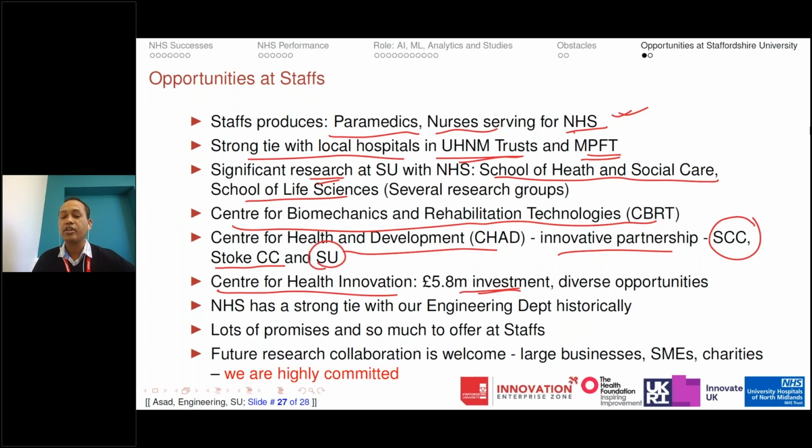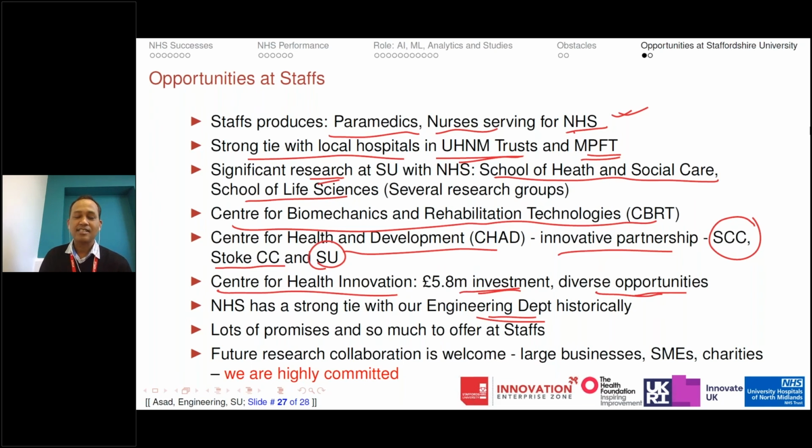Huge investments are going on there in Blackheath Lane at the Stafford campus. There are tons of opportunities coming in, and the centre is expected to be expanded, and we believe that it's going to be one of the leading healthcare research centres soon. The engineering department has a strong tie with the NHS historically as well, and I'm part of the engineering department.